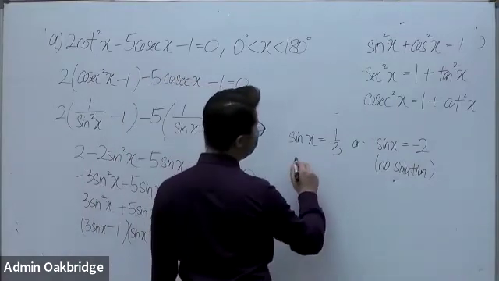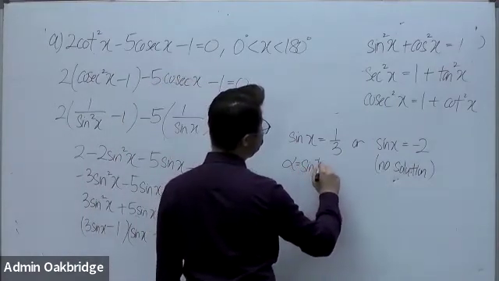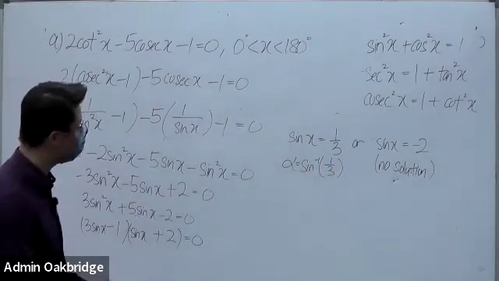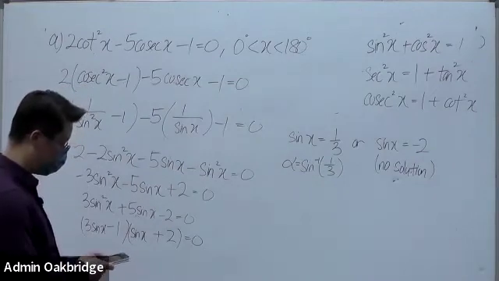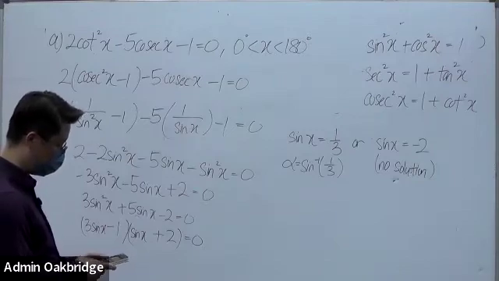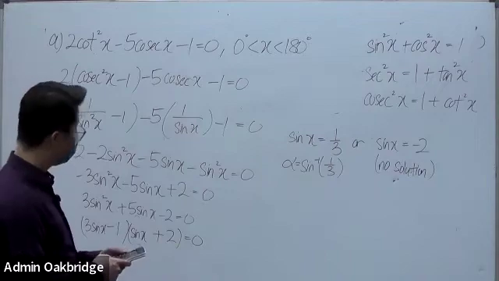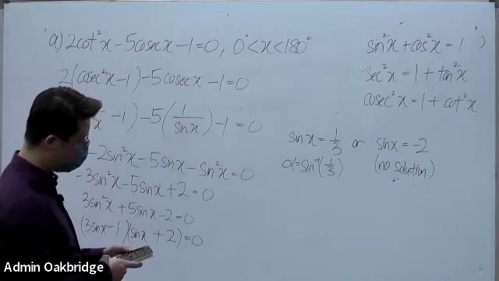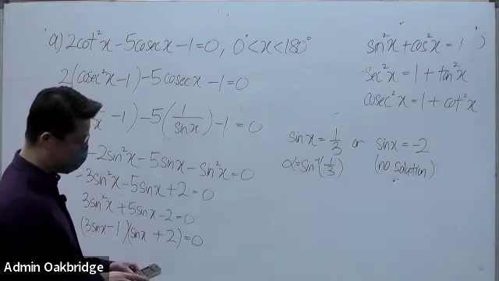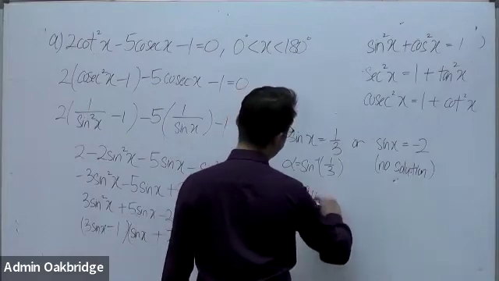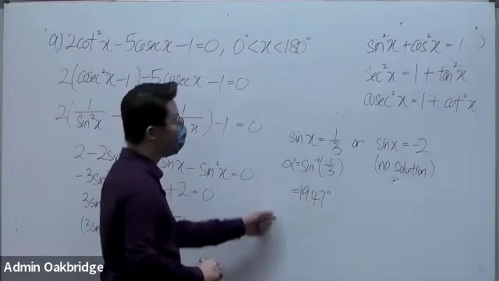So now only one is left. Again, you can find out the basic angle. Inverse sine of 1 over 3. So what do you get? In degrees, 19.47. All right, so this is the basic angle.